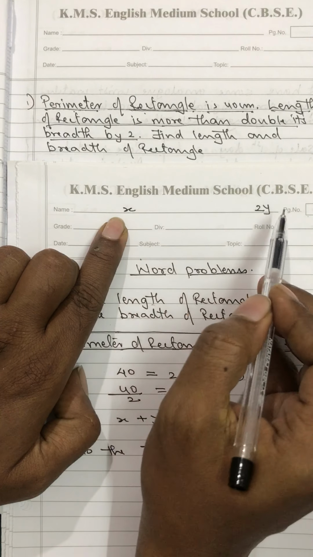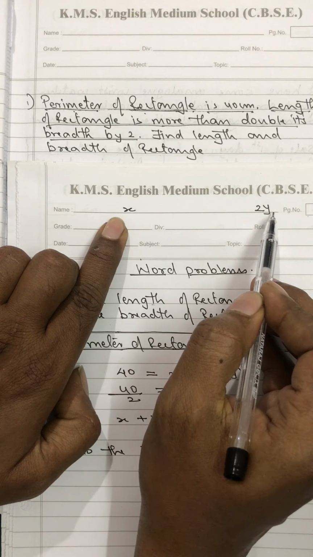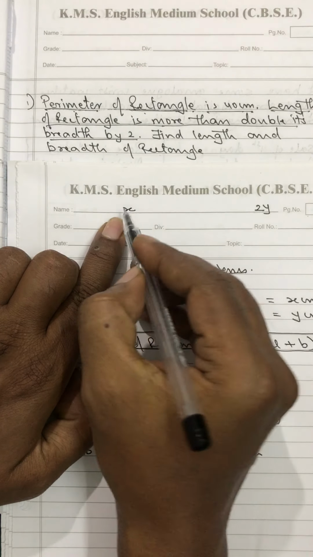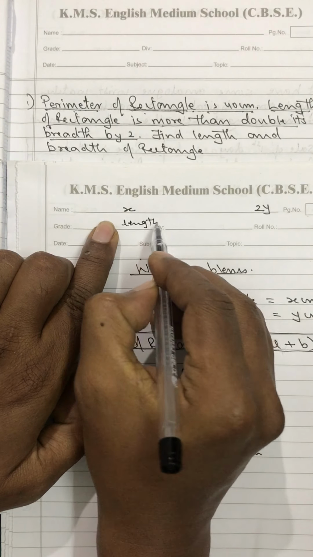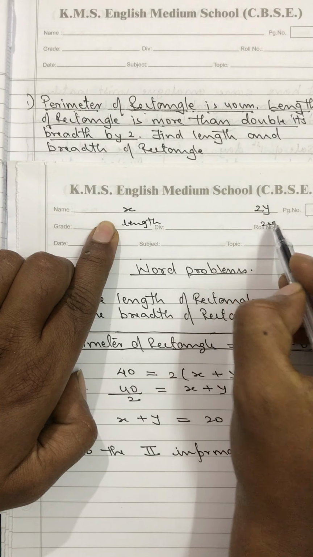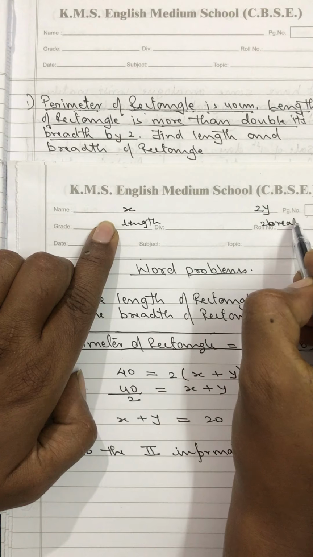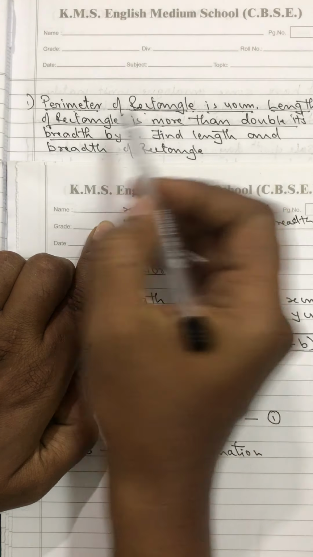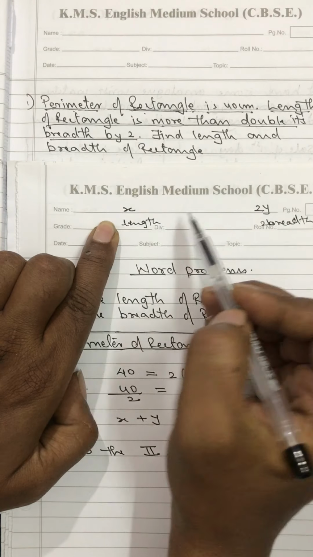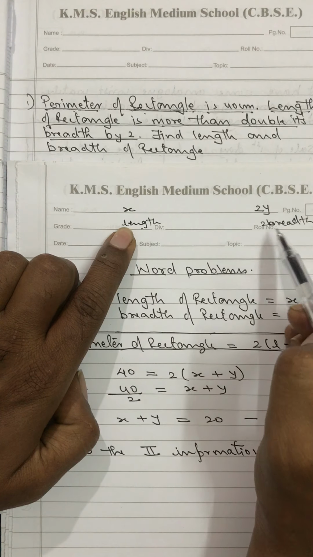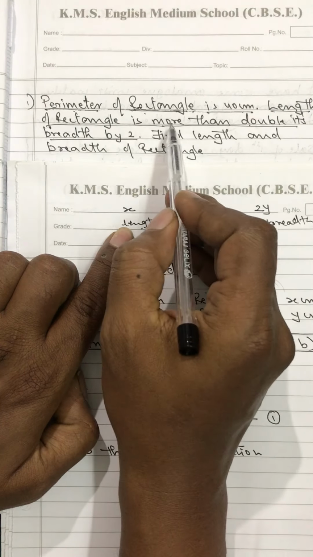So more than double its breadth by 2. That means at present length is this, and this is 2 times breadth. You are comparing length with double its breadth. Length is 2 more than double its breadth.